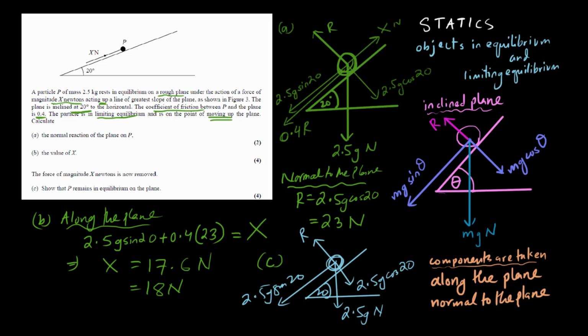Now since this force is removed, this object is obviously going to go down, so the friction is going to be, mu is always the same. The coefficient of friction depends on the surface quality, so that is the same, R. But the reaction could change because this force is not there. So now let's check how it is going to change.